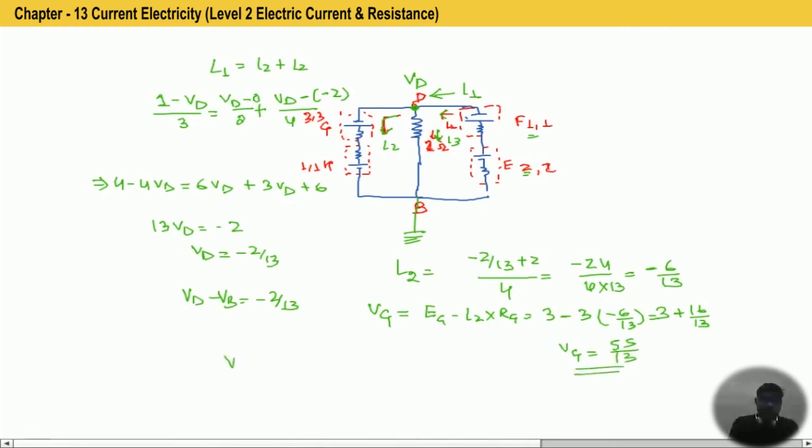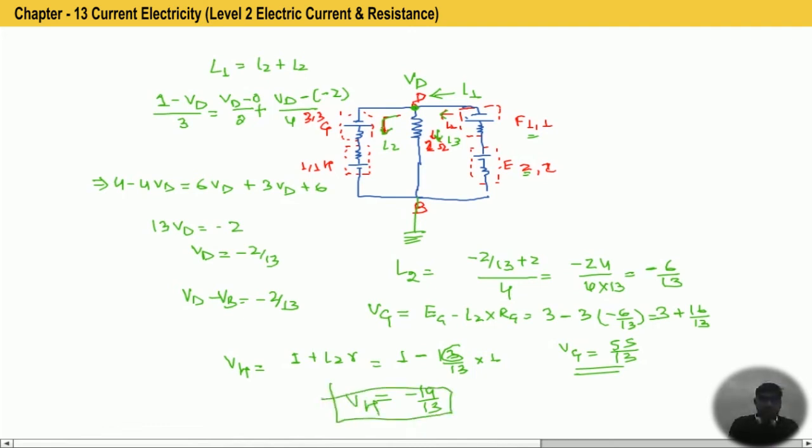Similarly, we can calculate VH. VH is potential of cell plus I2 into resistance of cell, right? So potential of cell is 1, minus I2 is minus 6 by 13 into 1. So from here we'll get minus 19 by 13 for VH.